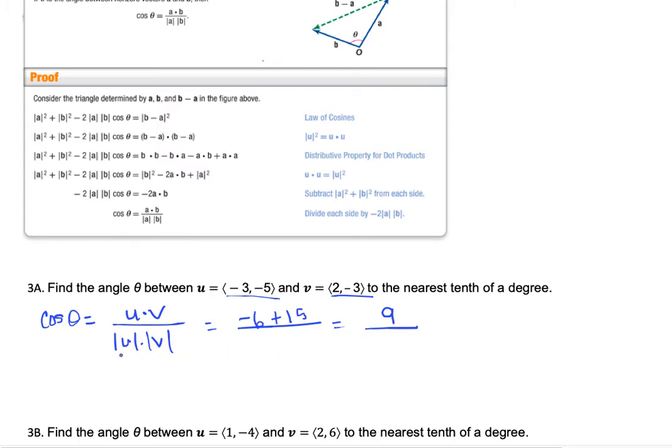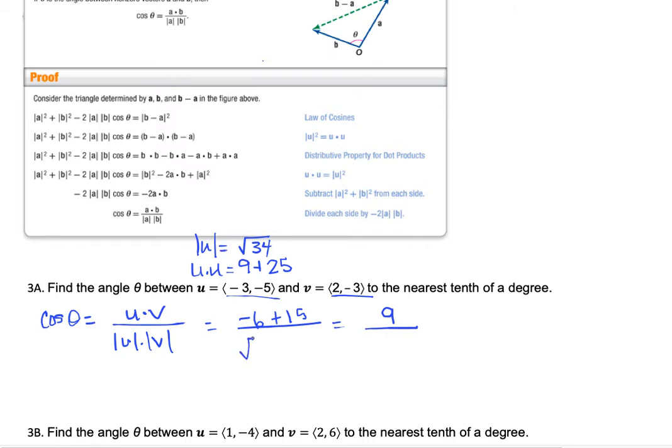And then to find the magnitude, we'll use what we just learned, and we're really just finding the dot product of itself and then taking the square root of it. So u dot product u is going to be 9, because negative 3 times negative 3, plus 25. So 34, so it's going to be the square root of 34 for the magnitude.